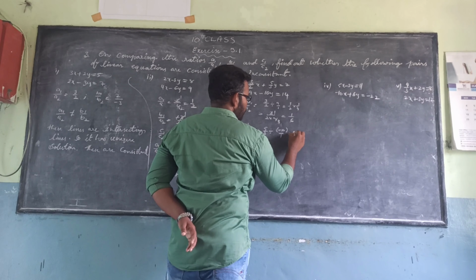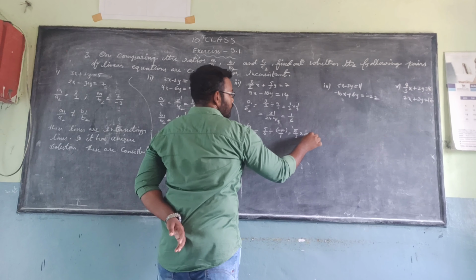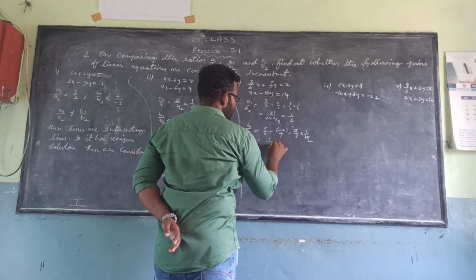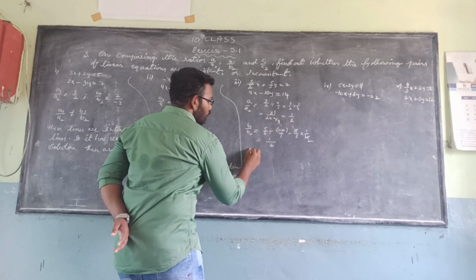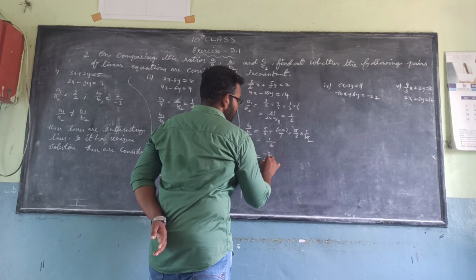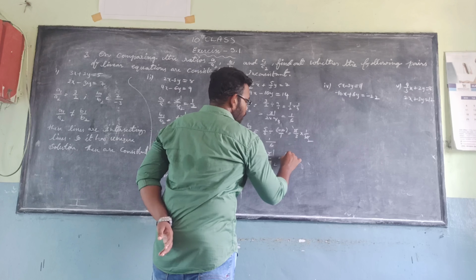So 5 by 3 into 1 by 10, that is equal to 1 by 6. So here also you get the same answer. Now c1 by c2 is minus 7 by minus 14, minus minus cancel, you get 1 by 2.